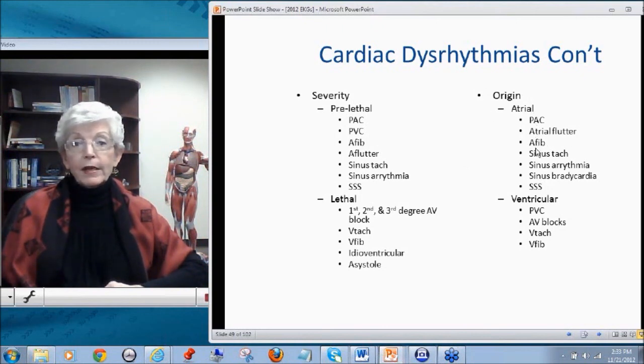PACs, atrial flutter, AFib, sinus tach, sinus arrhythmias, etc. Or is it potentially lethal? And now we're talking about our heart blocks, our ventricular rhythms such as VTach, VFib, no rhythm at all, asystole. The origin of the dysrhythmia: was it a premature ventricular contraction? Was it a block out of the AV node? Was it VTach? Was it VFib?